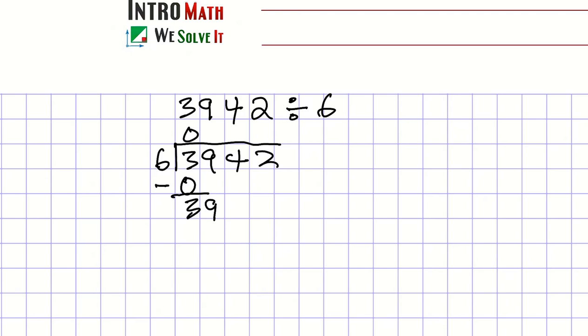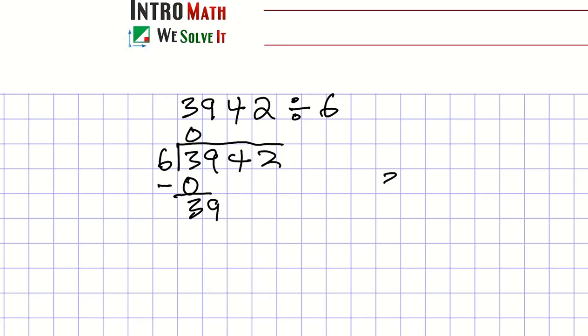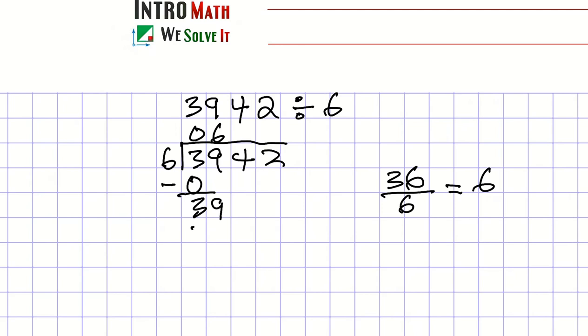6 can go into 39, but you will divide 36. 36 over 6 is equal to 6. So you put the 6 here on top of 9, and then you multiply 6 times 6 is 36. That's how all that works out.